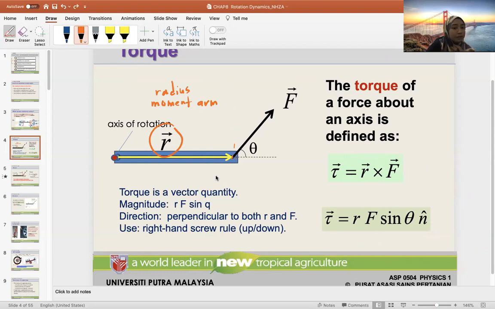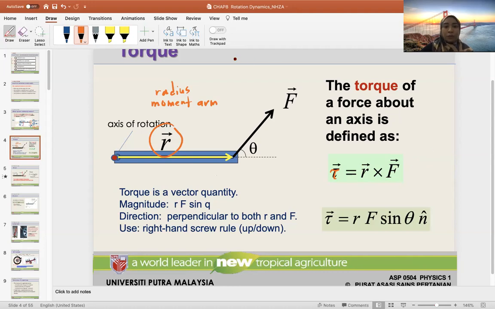They can also call it the length from the axis of rotation. It just means R. Okay, so torque is given by this symbol, tau. It's a vector and it is a product of the length from the axis of rotation times the force that you apply.